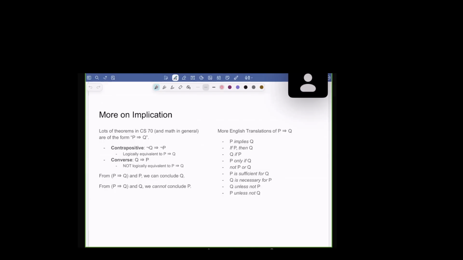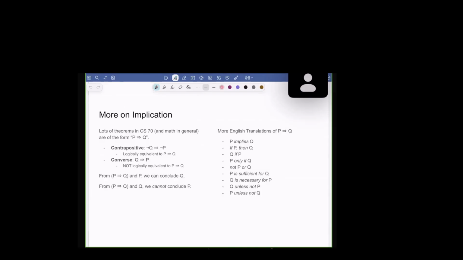The contrapositive of P implies Q is not Q implies not P. And this is logically equivalent to P implies Q. We also have the converse, where you just swap P and Q, Q implies P, but this is not logically equivalent. And from P implies Q and P, we can conclude Q. And from P implies Q and Q, we cannot conclude P.